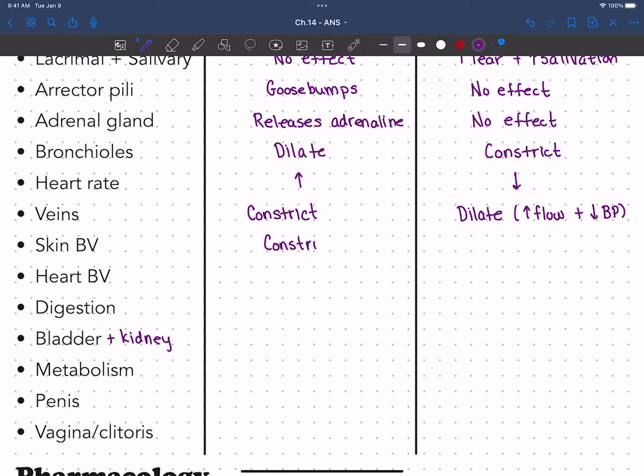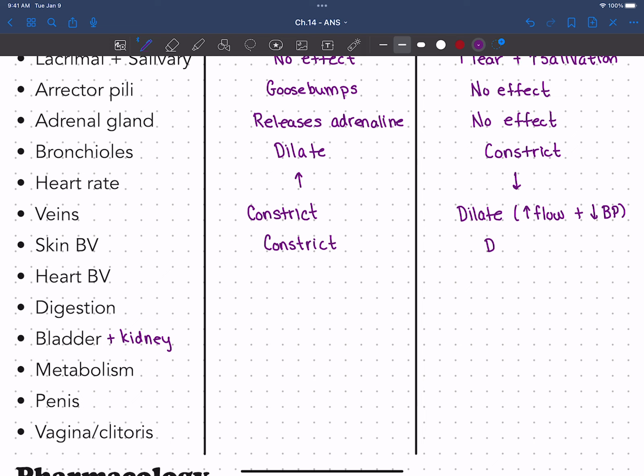So this would make sense if you think about the idea that during a high stress situation, your body wants to get blood and oxygen to the vital tissues, which skin is not a vital for life type of tissue. It wants to get blood to like the heart and the brain and the lungs. All right, so we constrict the blood vessels of the skin so that you can redirect that blood to the vital organs that really need it during a stress situation.